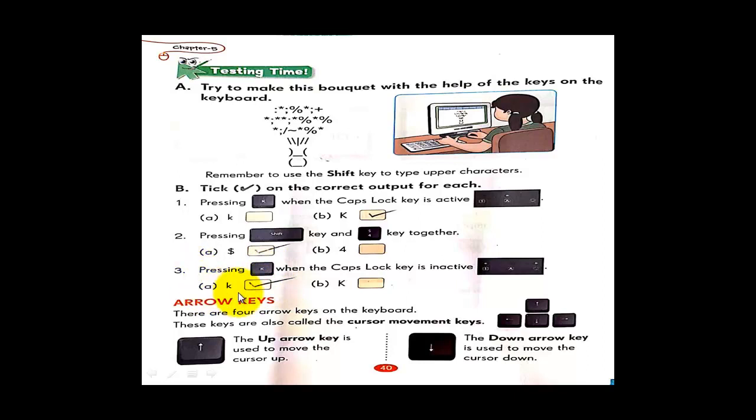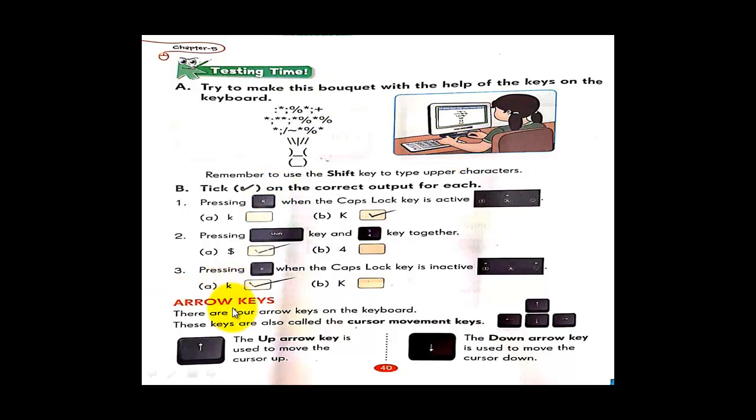So you should press on this option number A, that is the small letter K. Understood? This was just a revision exercise from the last class. Okay.